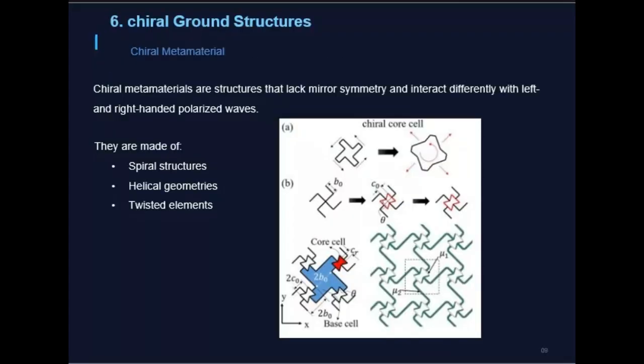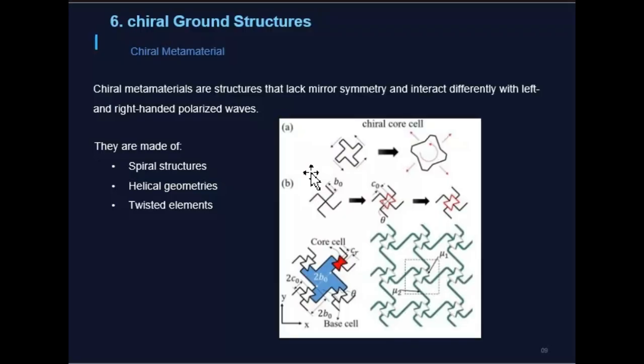And the last one is the chiral ground structure. These chiral structures are in spiral form, or helical form, or twisted element form. They have asymmetric behavior, or we can say they lack mirror symmetry. They interact differently with left-hand and right-hand circular polarization.